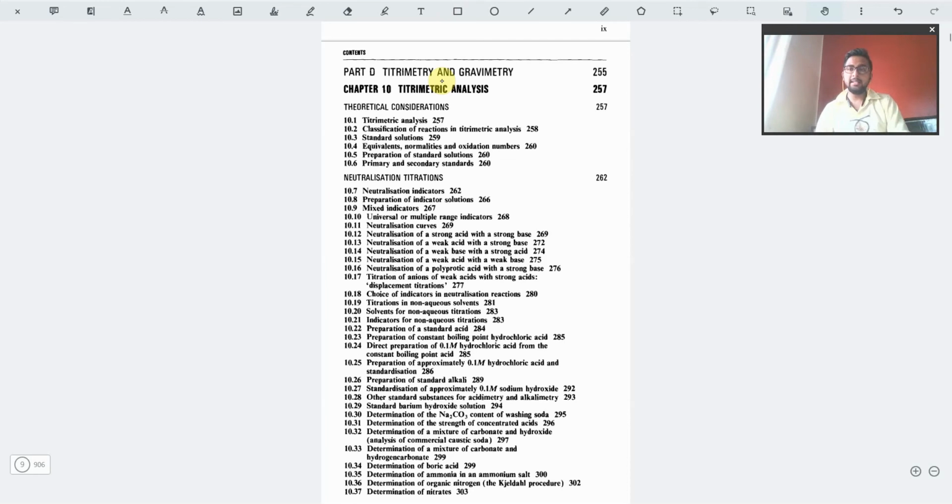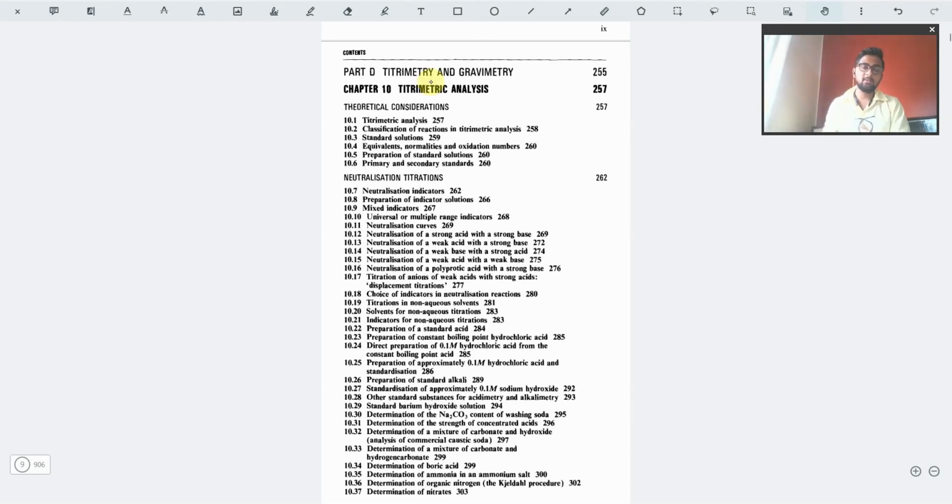So part D includes titrimetry and gravimetry. Obviously, we are just discussing the topics of the contents. Why? Because the main target of this book review is to help you figure out what the basic concepts available in this book are, and which parts you can study from this book, so that you can rely on this PDF for preparation of any competitive or non-competitive exams.